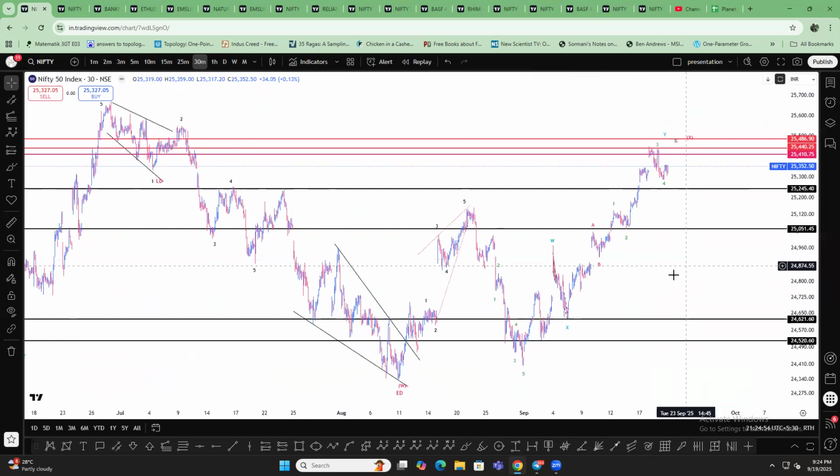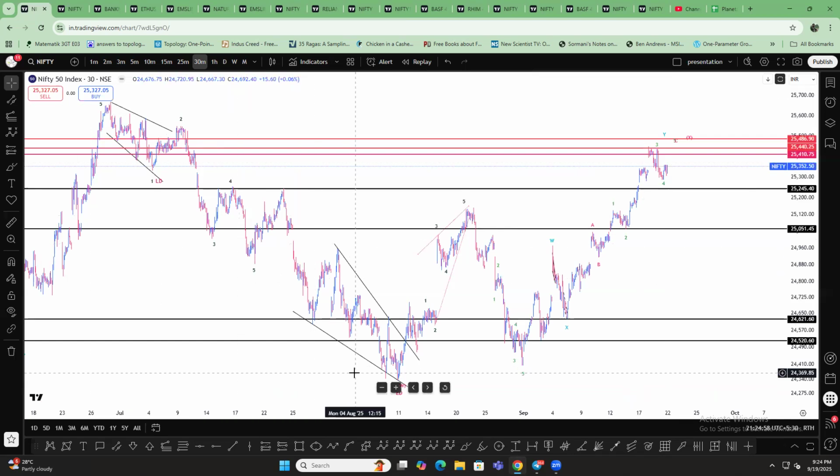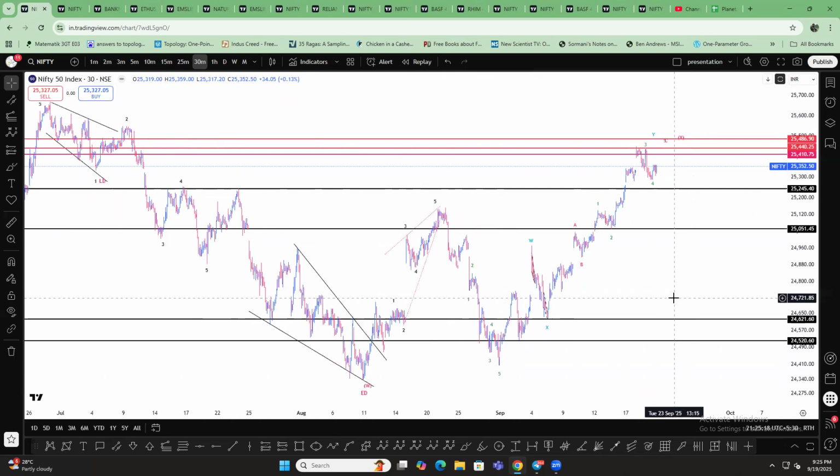Now, coming back to the short-term view, see, we are already in a downtrend, right? Now, the question is, has this trend changed here, and Nifty made a bottom and is going for the impulsive up move? This is the million-dollar question now, right? Everyone is confused about this.